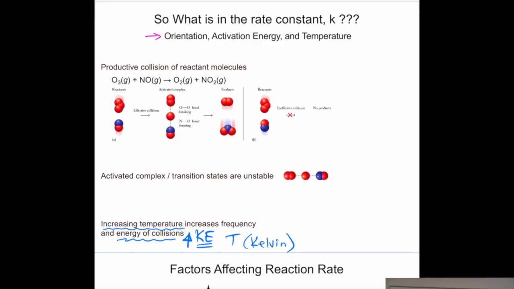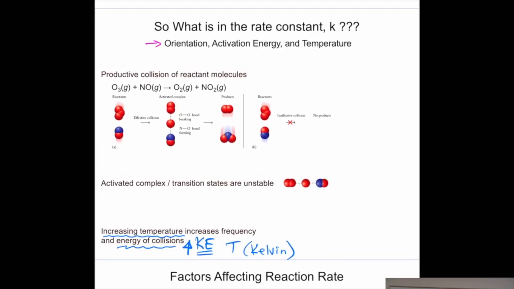Collectively, all of this stuff, having the right frequency, orientation, and energy, all of that stuff goes into this thing that we're going to call A. And A is called a frequency factor.